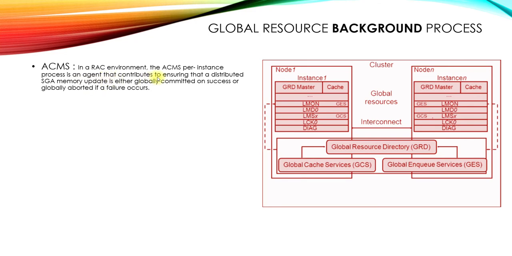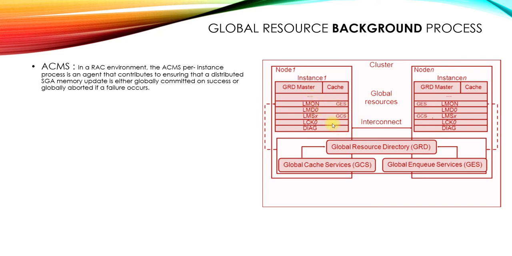The process is an agent that contributes to ensuring that the distributed SGA memory update is either globally committed on success or globally aborted. So ACMS takes care of whether specific blocks are committed properly.